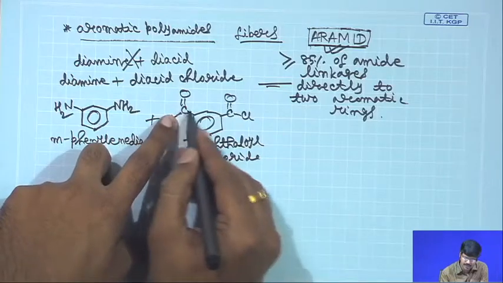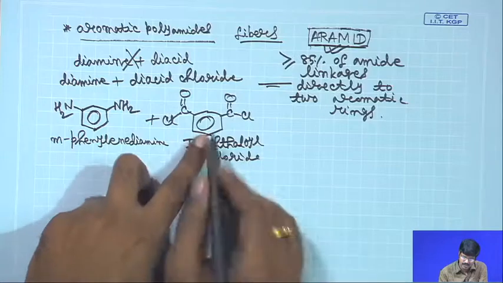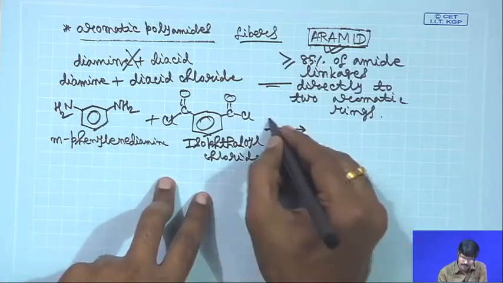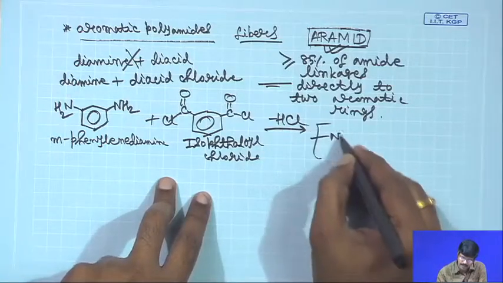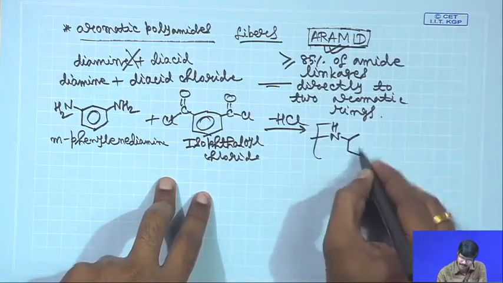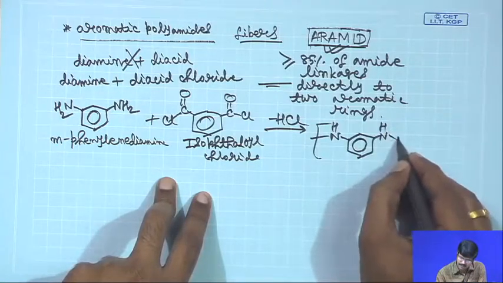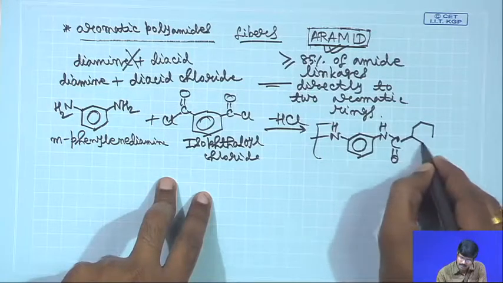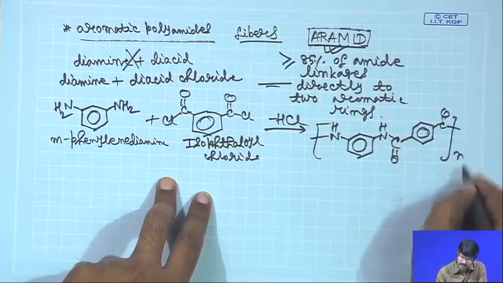So, the electrophilicity of this carbon is increased because of the electron withdrawing effect of chlorine that compensates for the reduced reactivity of the amine, and what you get is liberation of HCl and a polyamide of this kind of structure, NH, CO, okay, CO. This is a polyamide.